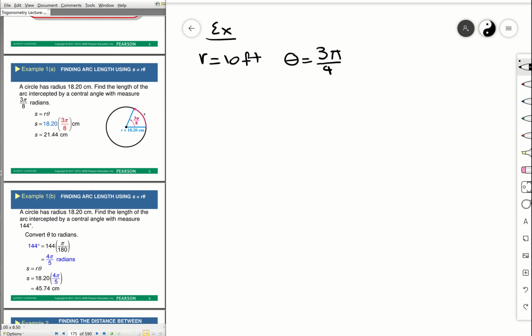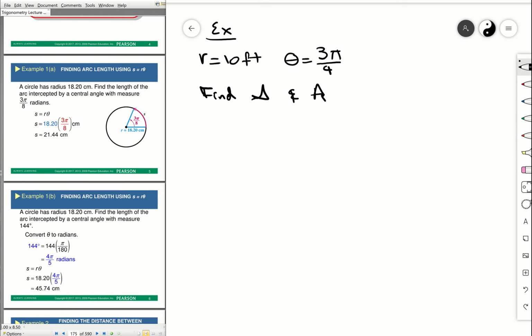And let's go ahead and find both the length of the arc that's intercepted by that central angle as well as the area of the sector that is intercepted by that central angle.